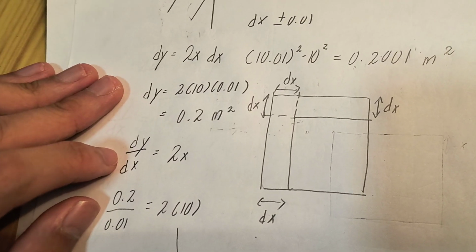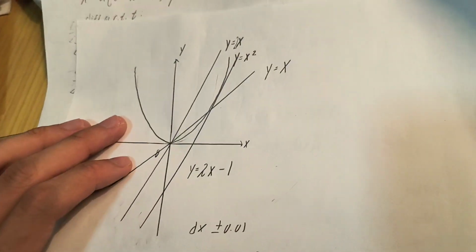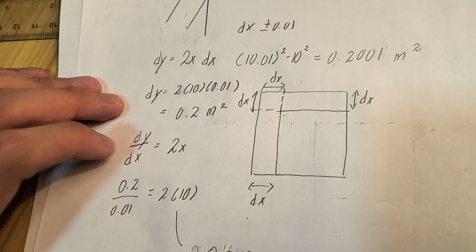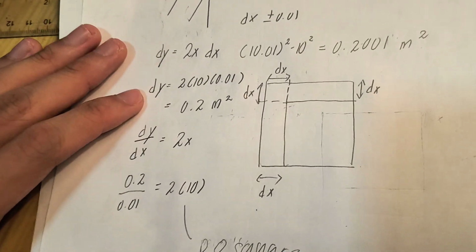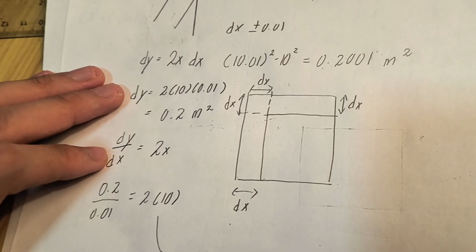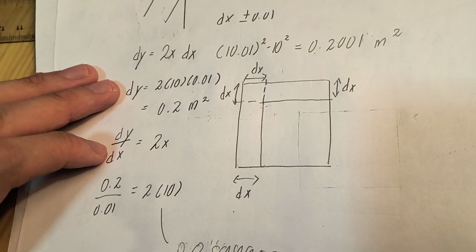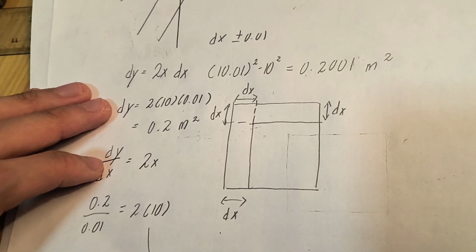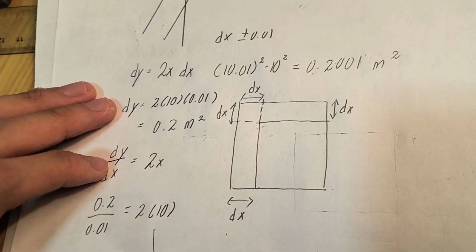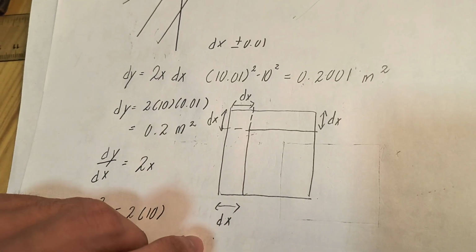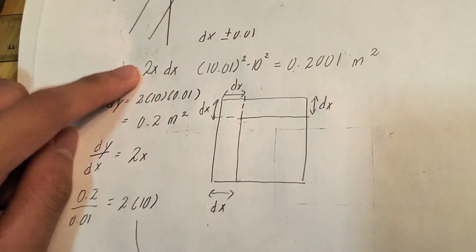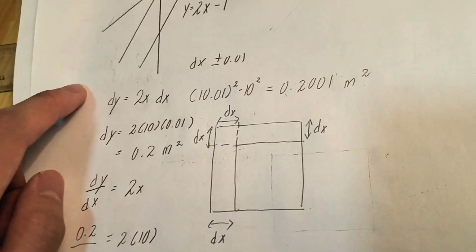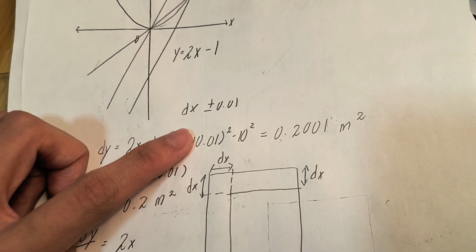So dy/dx is basically just the slope of the y equals x squared graph. Right, it's 2x, and actually it's pretty cool, right? Because when you want to calculate the change, say if you change x by 0.01 meters, and x is just the length, because y equals x squared is just the area of a square, we can treat this like the area of a solar panel, and the solar panel has a marginal error of 0.01 meters.